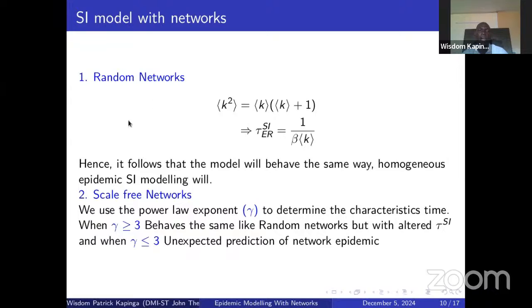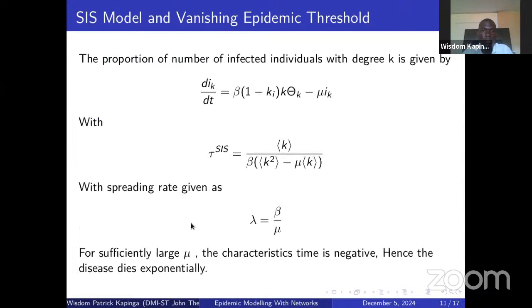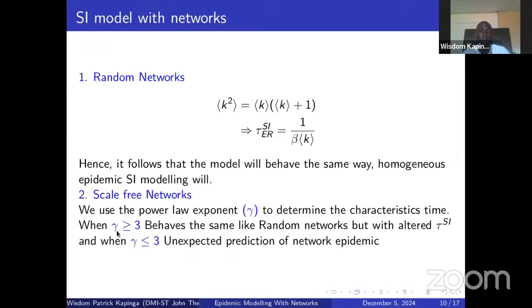But when you look at scale-free networks, when we are modeling using scale-free networks, we use what we call the power law exponent, which we use to determine the characteristic time. And basically, you can predict when the power law exponent is greater than 3. But if it is less than 3, then the prediction doesn't actually bear any fruit.